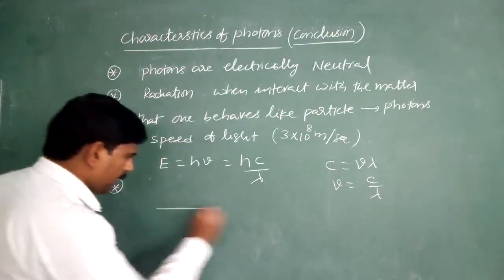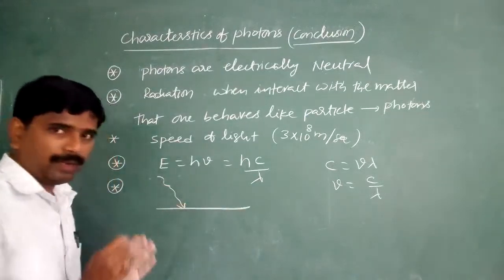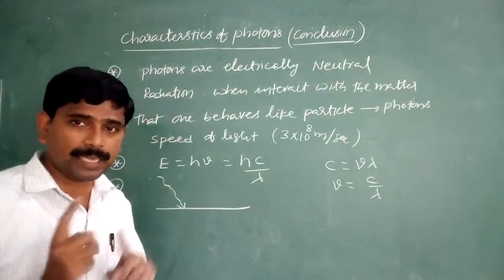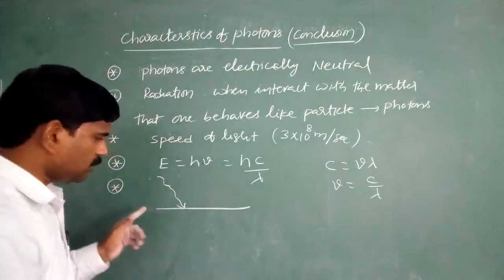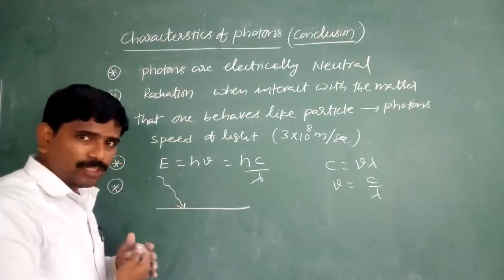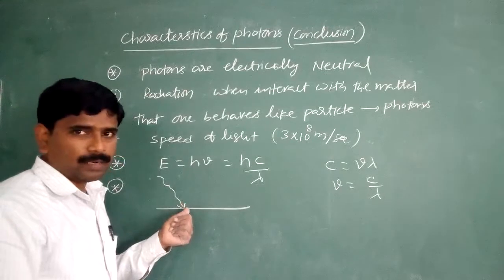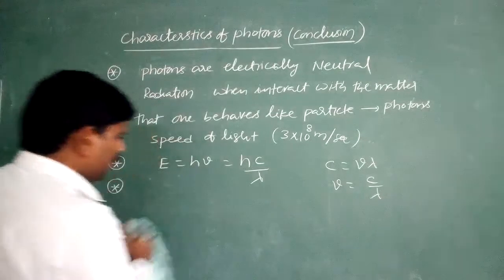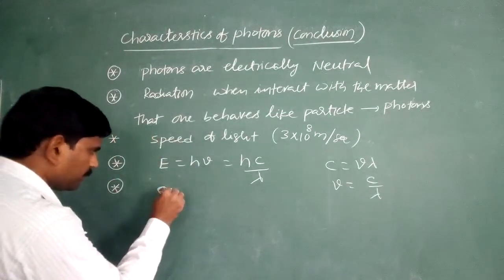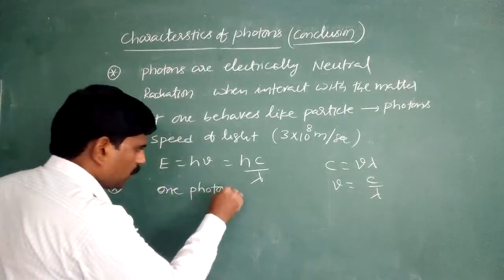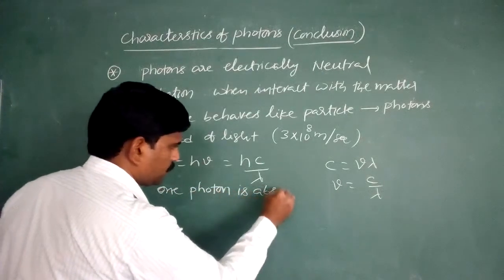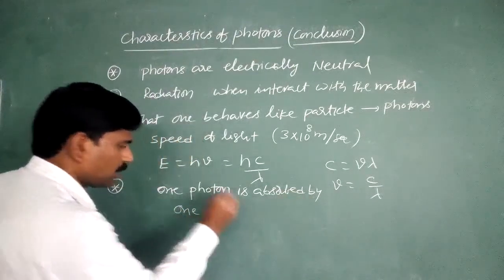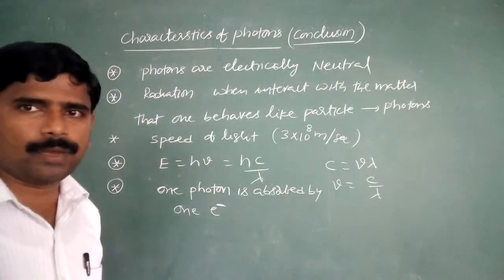Means when radiation is incident on the photoelectric metal surface, each electron absorbs one photon, and total energy is absorbed by that electron and it comes out from the metal surface. One photon is absorbed by one electron.